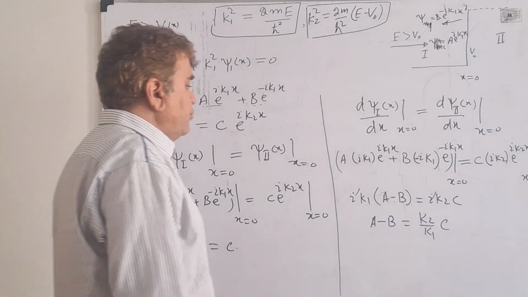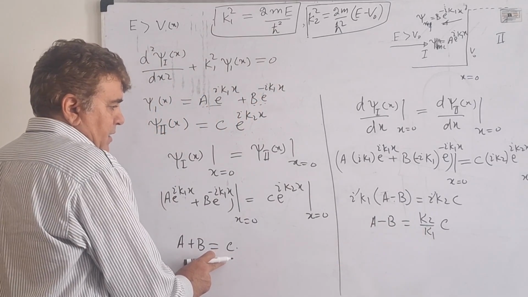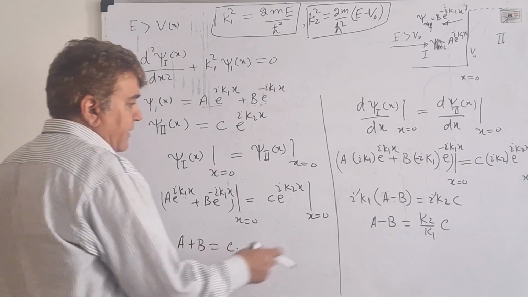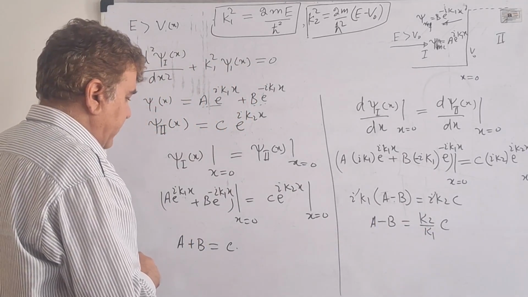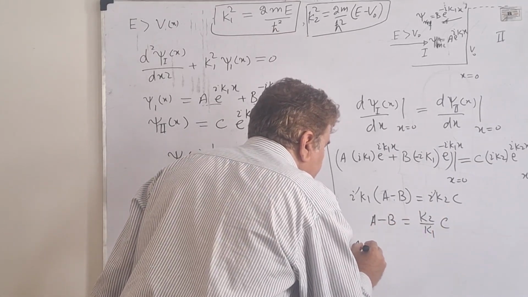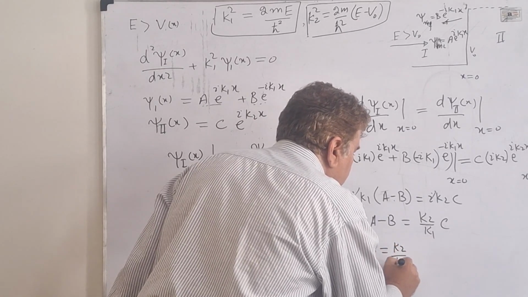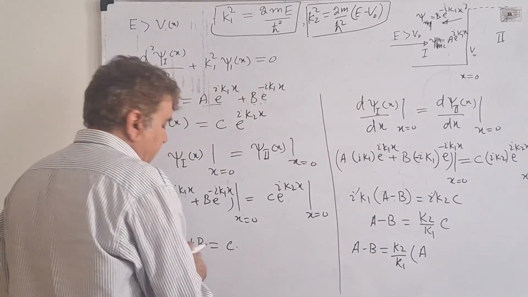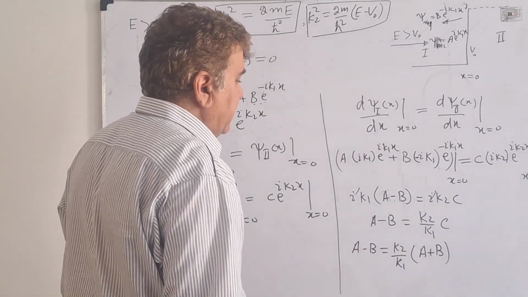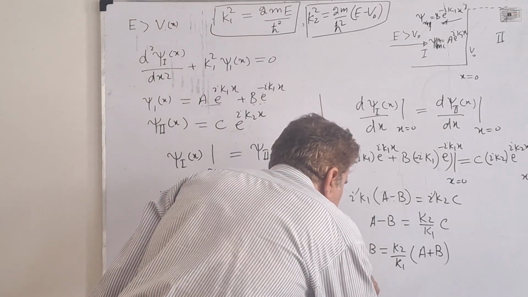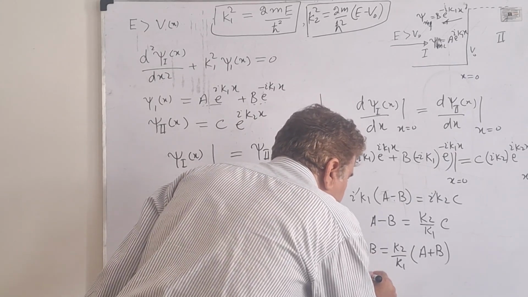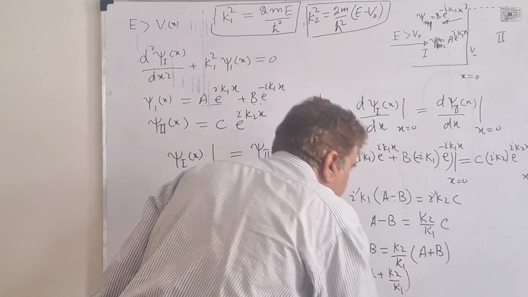Okay, now I have two equations, and both of them link the probability amplitudes, but there are three unknowns, so we want to solve these two equations for C and B in terms of A. And that I can do by putting the value of C from this equation into this equation to eliminate C. So I write A minus B equals k2 over k1 into, for C I write A plus B here, so that gives me A plus B. And now I can take B to the left side of this equation and write this as minus B, and if I multiply this with this, that would become k2 over k1 B, and then I'm taking it to this side, so that allows me to write 1 plus k2 over k1.